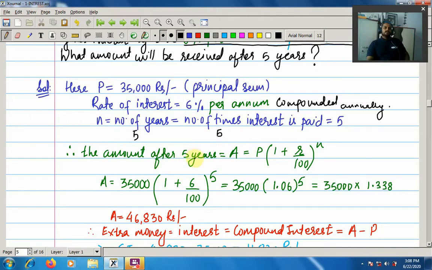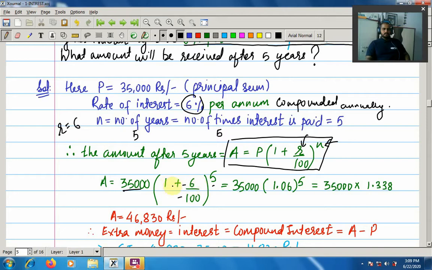The amount after 5 years, the formula is this. n is 5. What is R? I haven't written it. R is 6%, so only R will be 6. P is 35,000. So here I have written everything. You just need to calculate. 6 upon 100 is 0.06 plus 1.